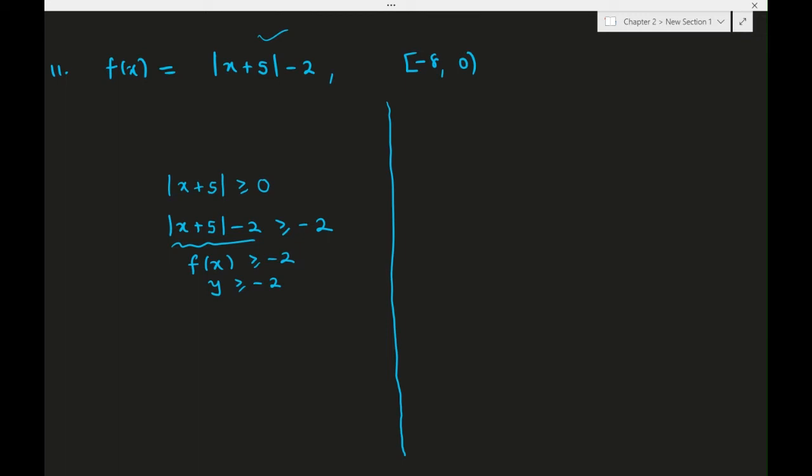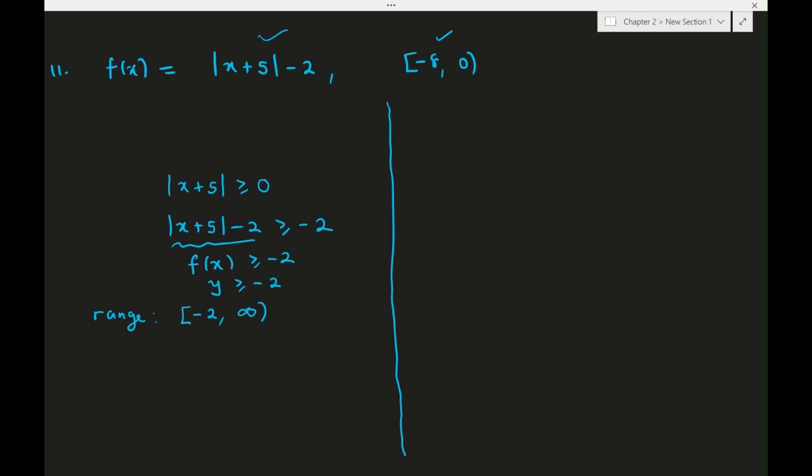So the range is supposed to be from minus 2. You can see this is what it means, greater than minus 2. But can we get to infinity? No. Why? Because our domain is restricted.